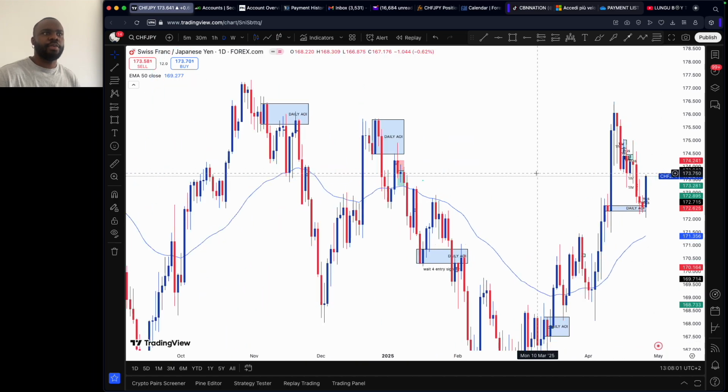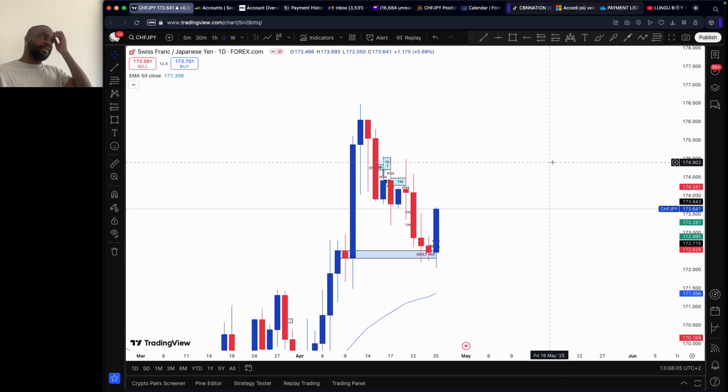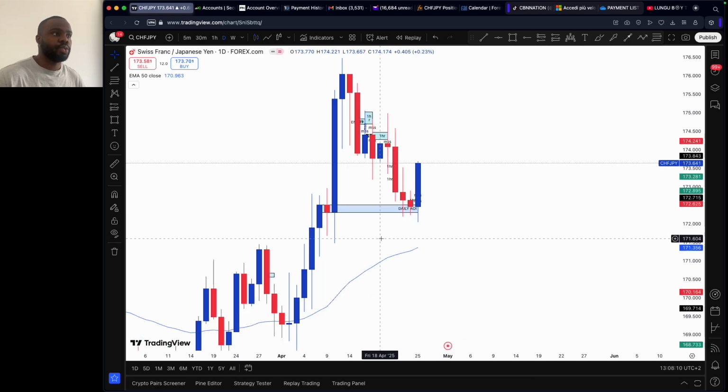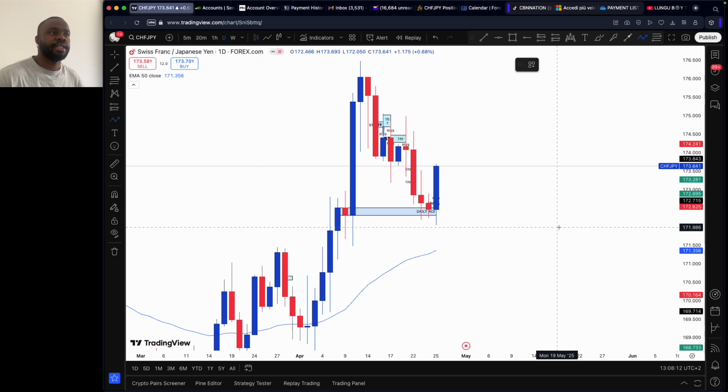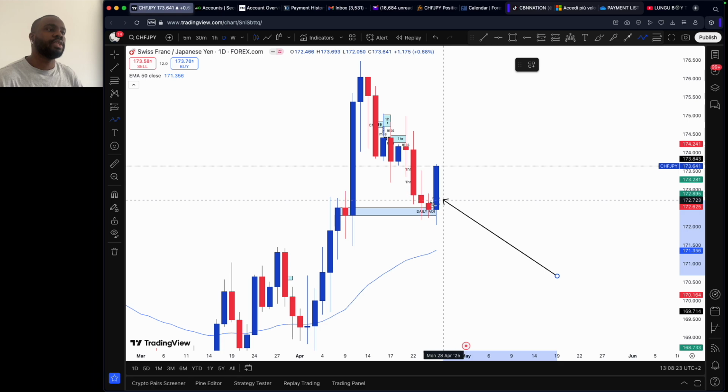So again, on the new week, this is CHF JPY. What I'll be watching out for, you can see this is the daily time frame. On the daily time frame, it shows that price has accepted this price to continue to push to the upside. The daily is bullish. It closed with a bullish engulfing candle. So what are we going to do?